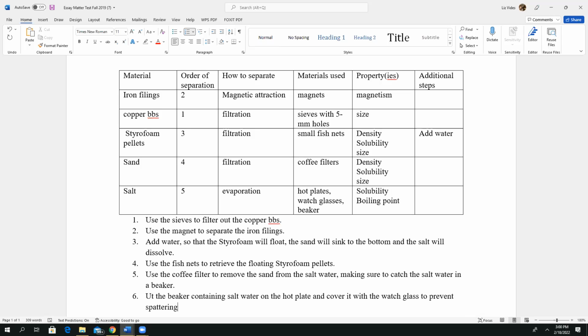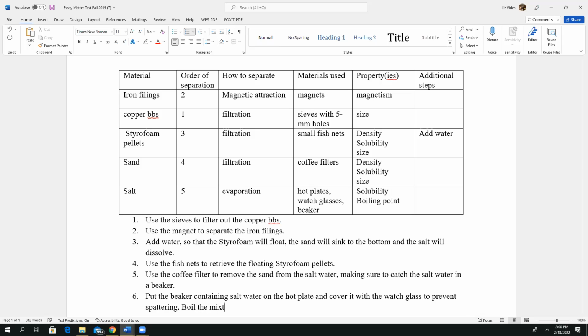All right. Put. This is supposed to be put. I was like, ut. Okay. Boil the mixture, right?